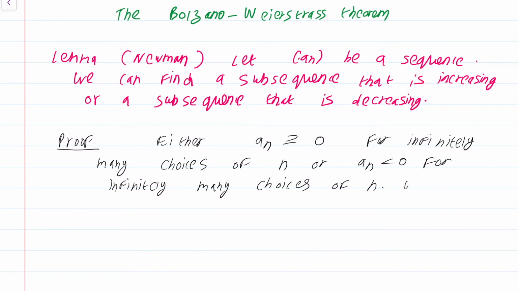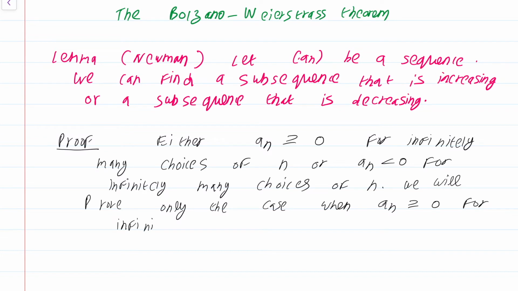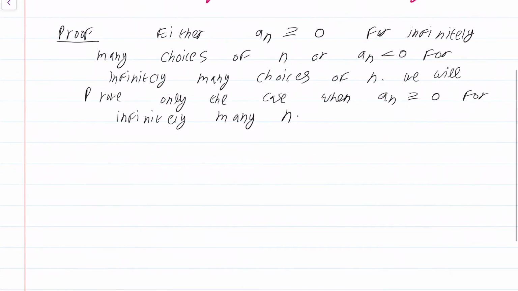We will prove only the case when a_n is greater than or equal to 0 for infinitely many n. The other case is exactly similar, and I am going to leave that to you.